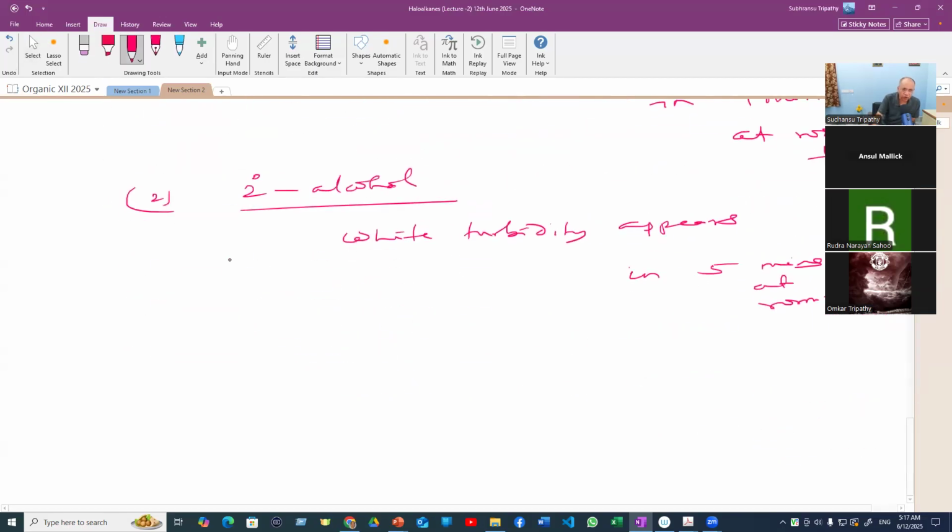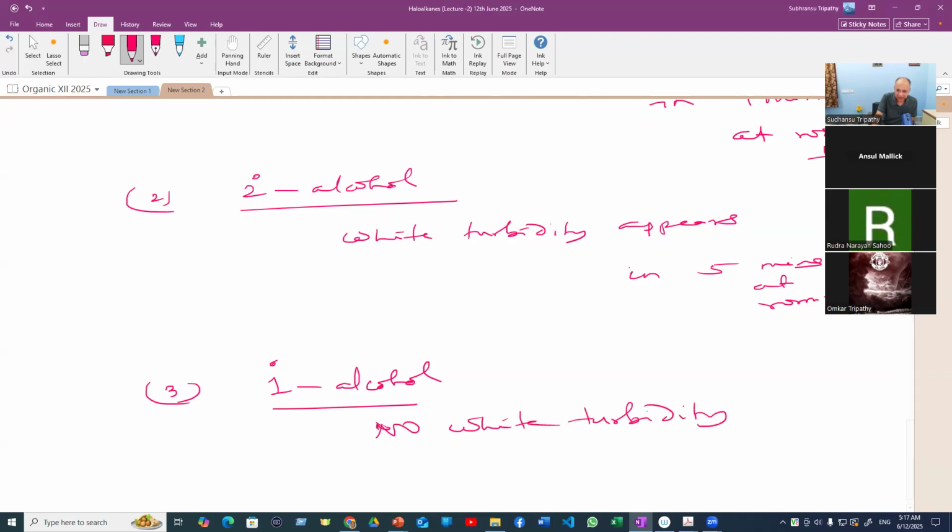But for 1 degree, which goes via SN2, and inherently SN2 is slower than SN1, SN1 rate is always greater than SN2. So this will not happen. No white turbidity at room temperature.